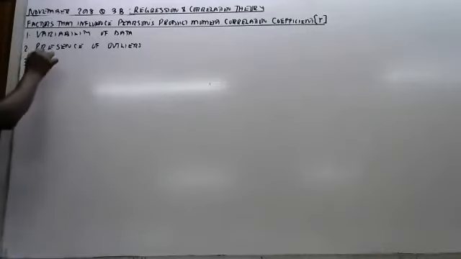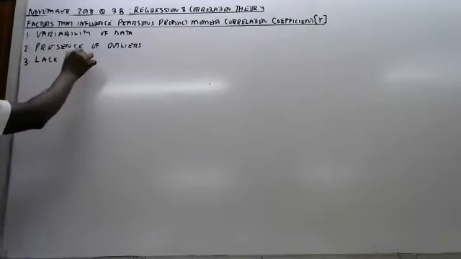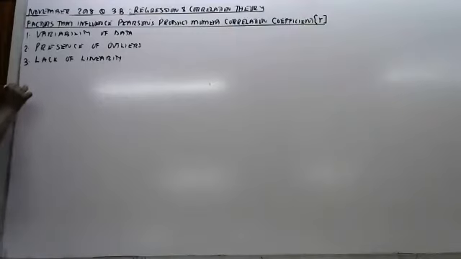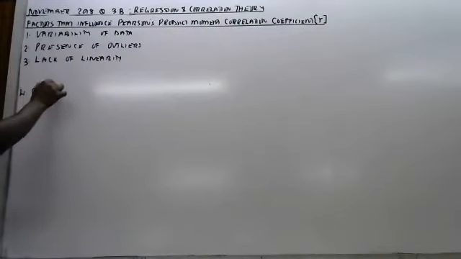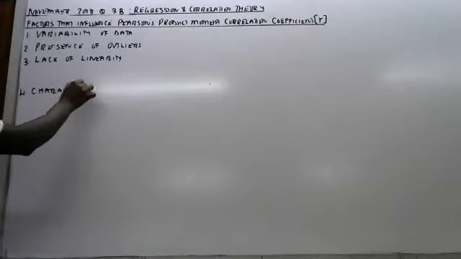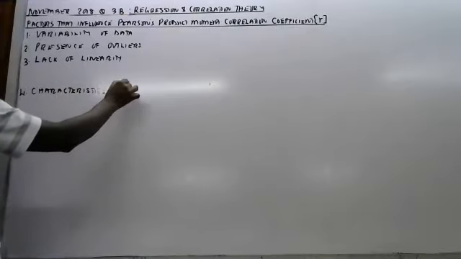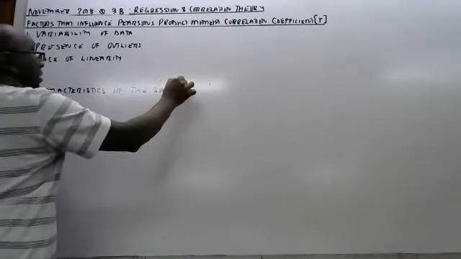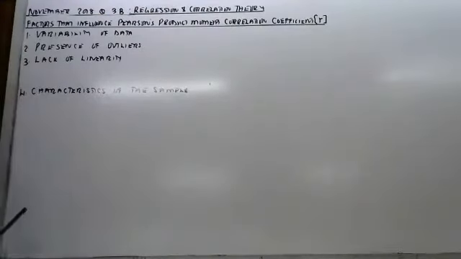Number three is lack of linearity. Number four is characteristics of the sample itself, as in size, randomness, and so on. Number five is measurement errors.